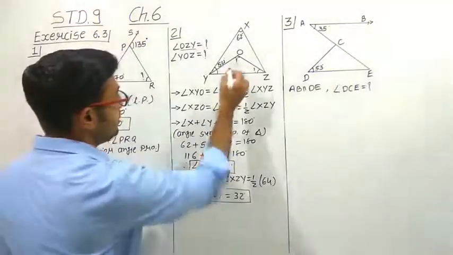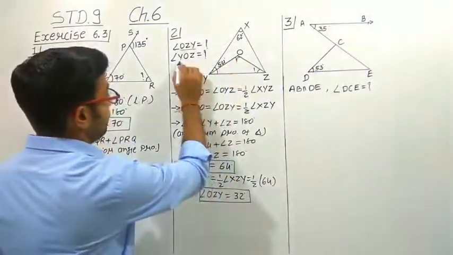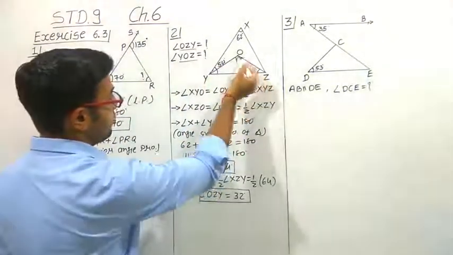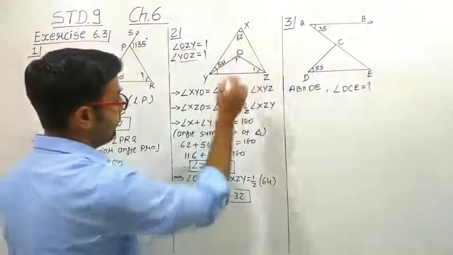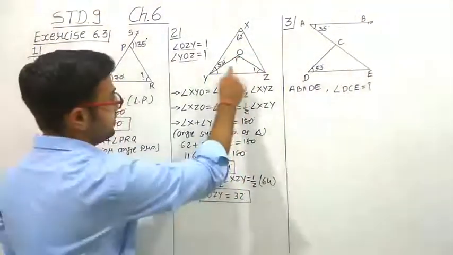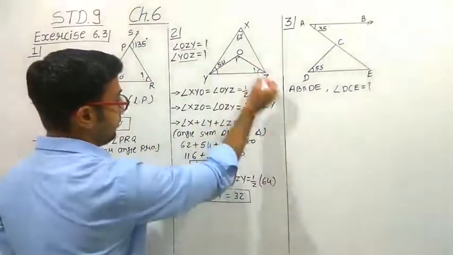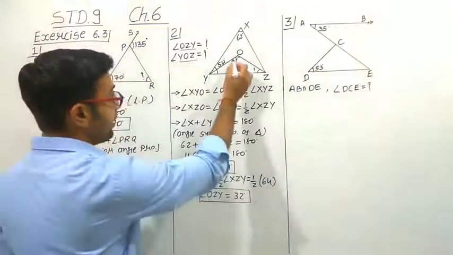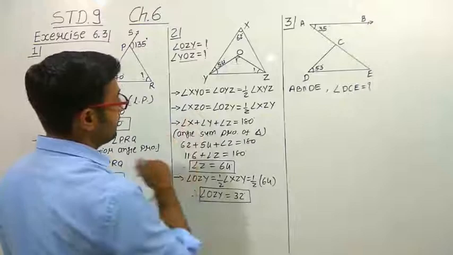Now to find the value of YOZ, see, there is another triangle created here, OYZ. If we have two angles of this triangle, then we can find this value. But here only one angle value we have, that is OZY, equal to 32 degrees. Now we can find OYZ.